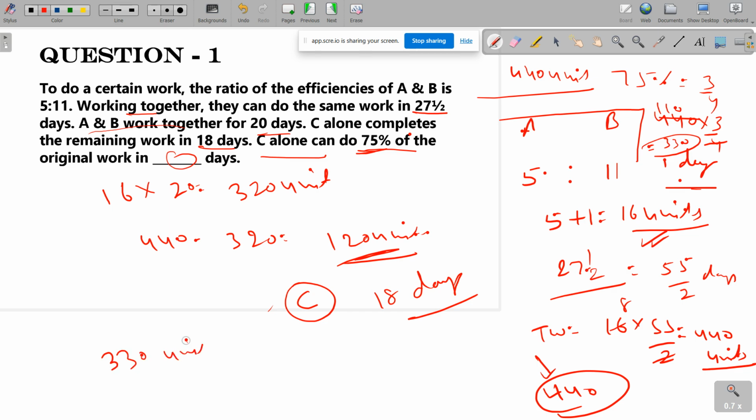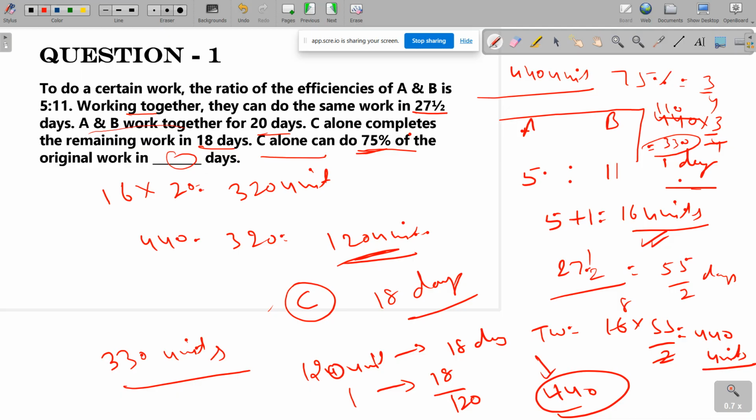So we need to calculate how many days C will take to do 330 units. C completes 120 units in 18 days, so we can use the unitary method. One unit can be completed in 18 upon 120 days.